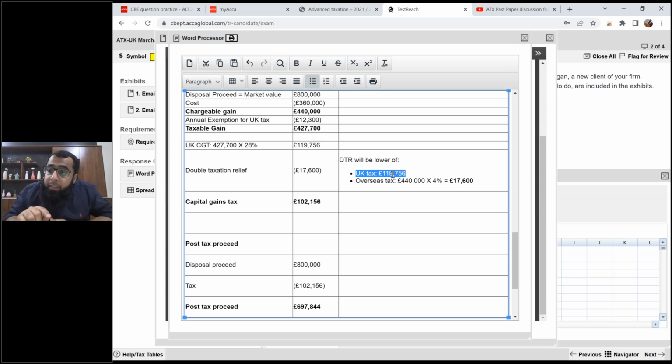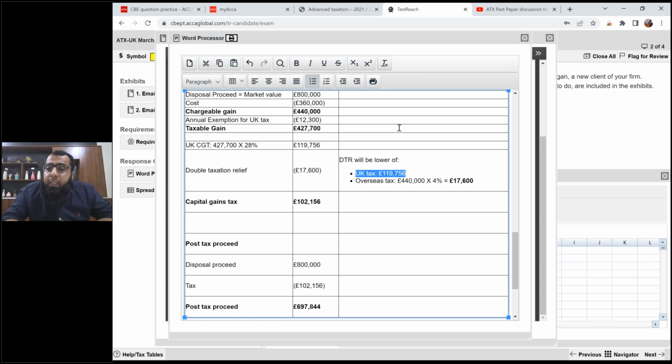If there is a treaty, the examiner will write in the question that one country will charge tax and one country will exempt it. Normally, when there is a treaty, one country will take tax and one country will exempt it.